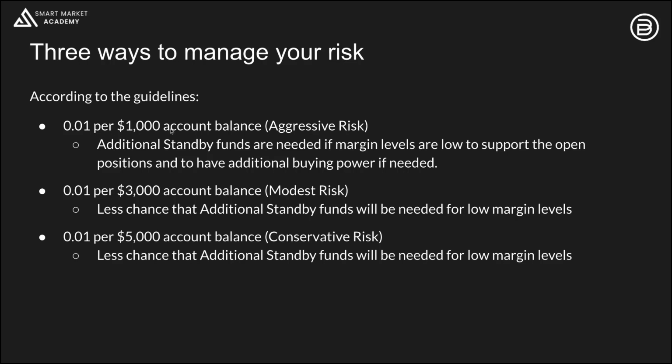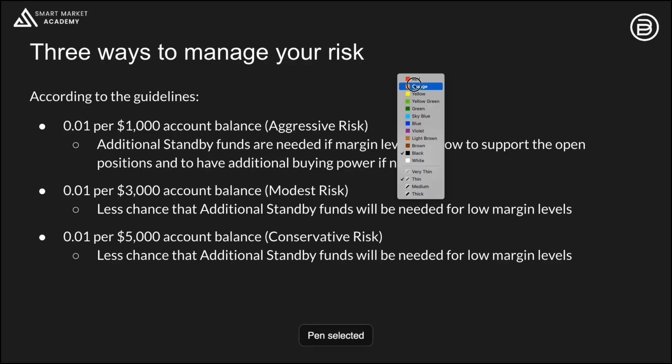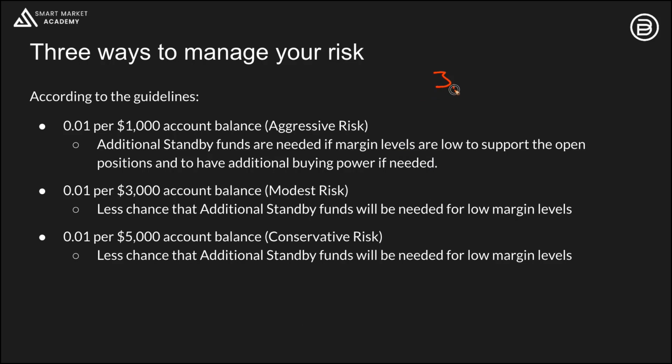With the aggressive risk parameters, with $1,000 for every microlot, if you've got a $3,000 trading account, then you would be trading with 0.03 lots. So let's put it this way, 1 microlot for every $1,000 in your trading account.